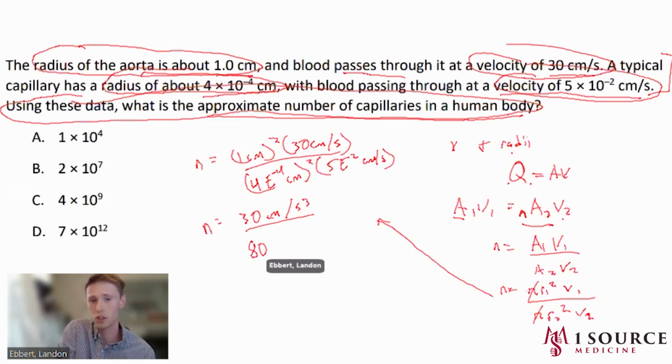And then I'm just going to do my exponent rules. E to the negative 4 to the second is going to be e to the negative 8. And then I'm going to add that to e to the negative 2. So it's going to be e to the negative 2 down here. And as you recall earlier, I also mentioned rounding. So 3/8 to me is about 0.375. It's also close to 4. So I'm just going to do 0.4.